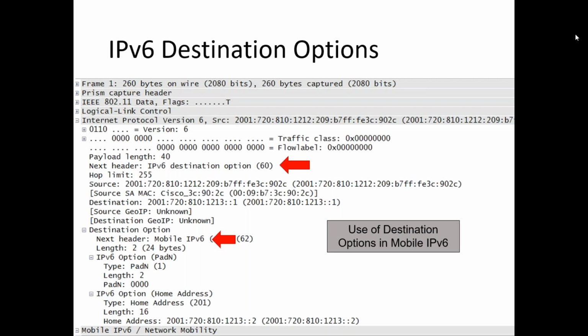Interestingly, not to digress, but mobile IPv6 has not necessarily seen the adoption one might wish, but you can see here that within the main header it says IPv6 destination option coming next, and it will tell you which type of option it is, and then you have the next header, which is the mobile IPv6.